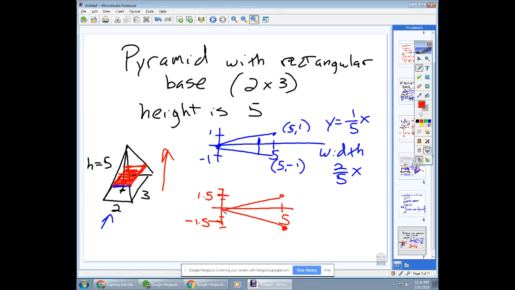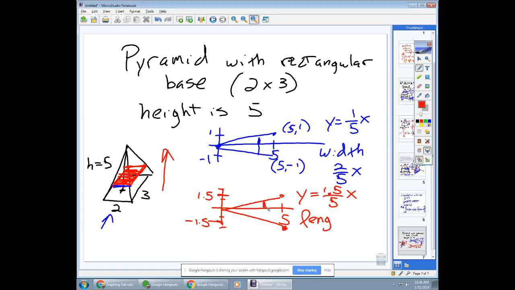So this would be up 1.5 and then over 5. So you could say it's y equals 1.5/5 x. Would be the length. What's that? The length. Yeah, so this would be the length. Yep, thanks.